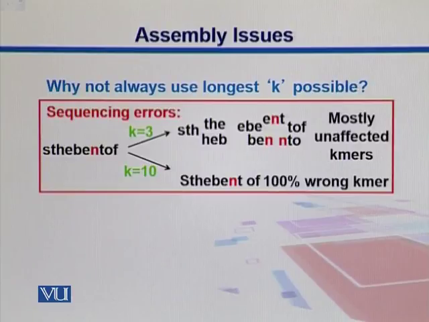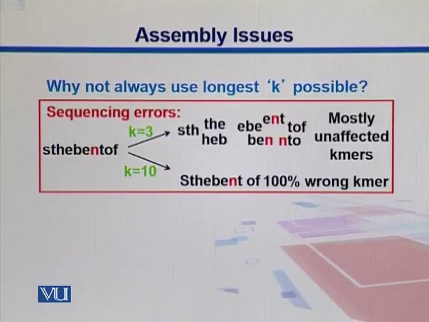In this slide we see that sometimes using a shorter k-mer is advantageous over using a longer k-mer. For instance, here we see a read and there is a sequencing error where we see a red N, which has been incorporated and is wrong. If we use k equal to 3, we will have small k-mers of length 3, so mostly we have k-mers which are unaffected.